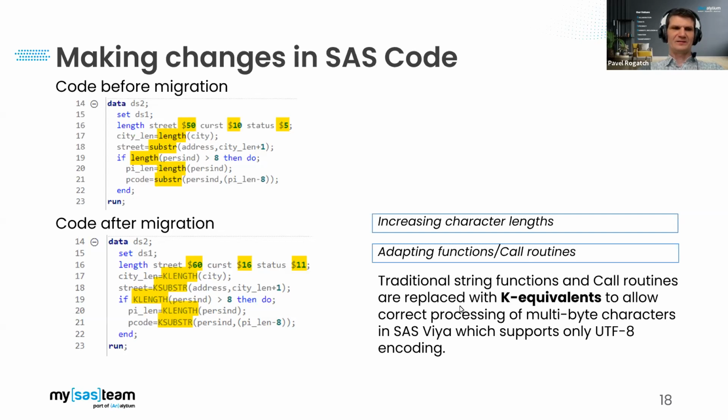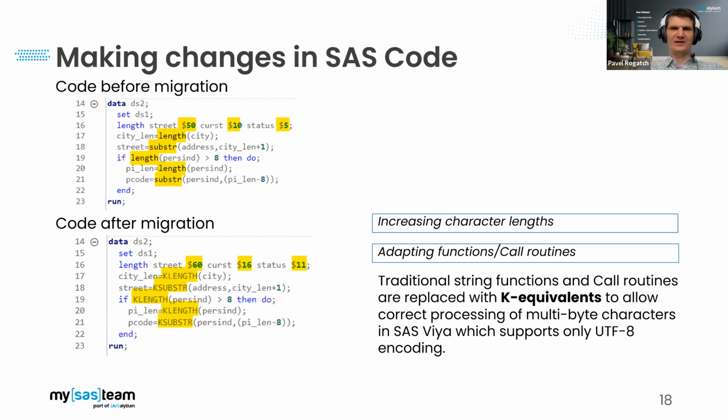And for kind of the same reason, we changed some functions and call routines. For example, the length function and the substring function. The reason is that traditional string functions assume the size of a character is 1 byte, and that a specified position is always the byte position. This is true with SAS single-byte character set session encoding.